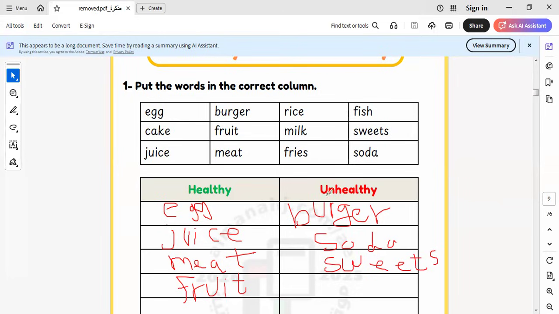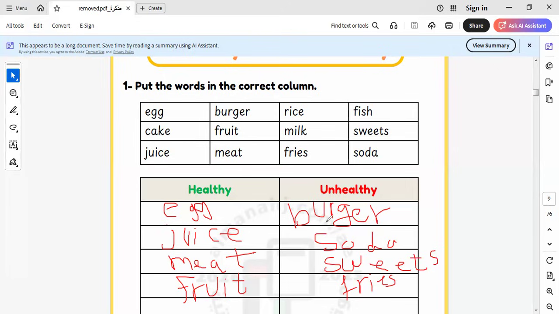Are fries healthy or unhealthy? Fries are unhealthy. All this is unhealthy, but if we eat it in limited quantity, it is good. If we eat it more than usual, it will be unhealthy.